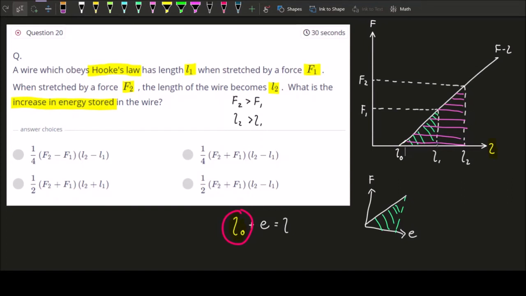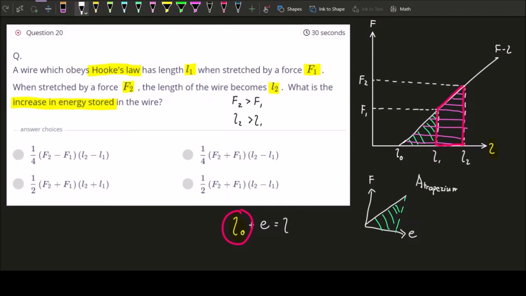So what it means is we need to find the area under the graph of this trapezium over here. Let me label clearly where's the trapezium. So this is the trapezium where we need to find the area under the graph. Just a little bit of recall for the area of a trapezium.